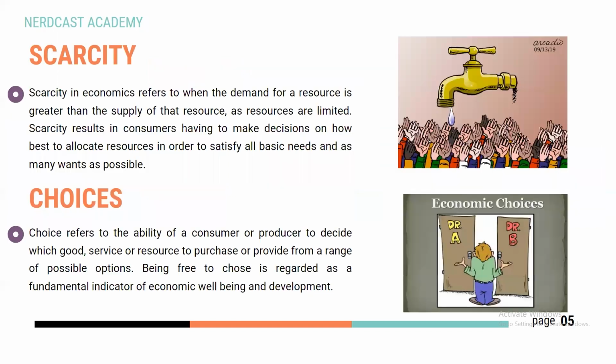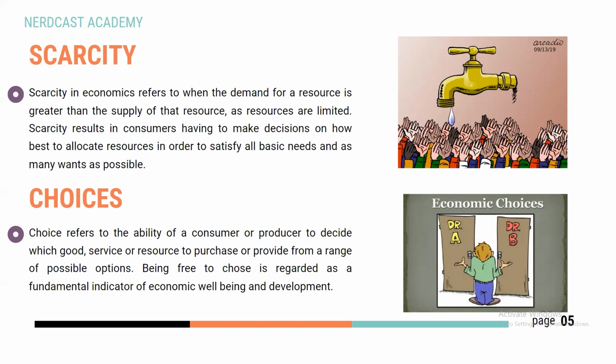Now let's look at the main topics that economists give attention to when learning about these main areas. The first one is scarcity. Scarcity in economics means the demand for a resource is greater than the supply of that resource, as resources are limited. This is one of the key concepts of economics.